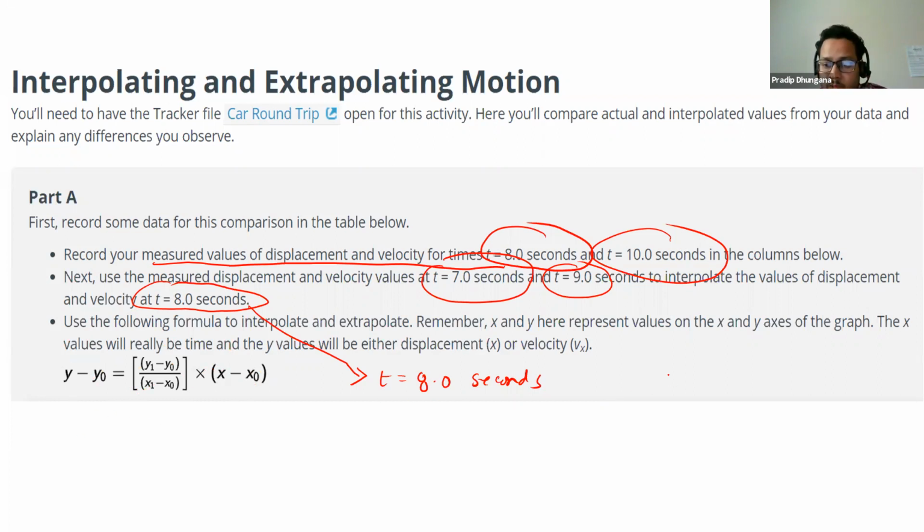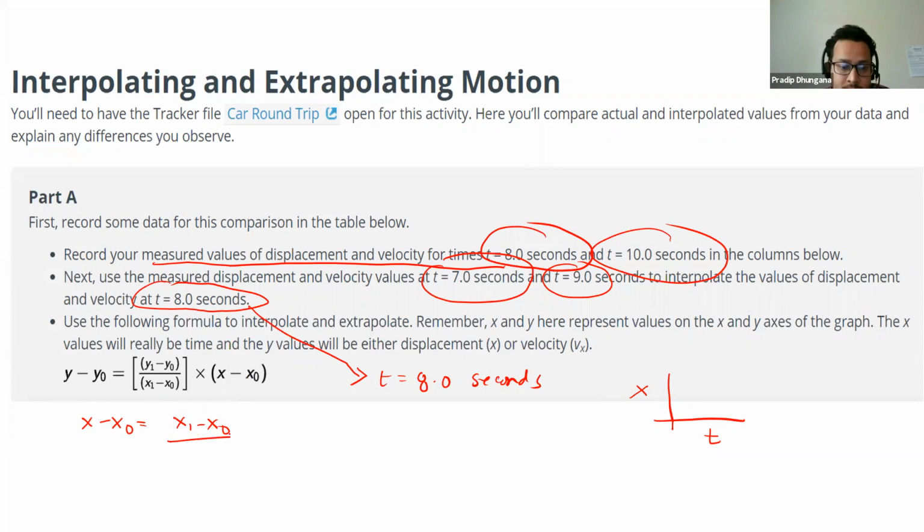So let us suppose we are calculating displacement and you have x on your y-axis and t on your x-axis, then we'll modify this equation: you will replace your y by x1 minus x0, and x by t.